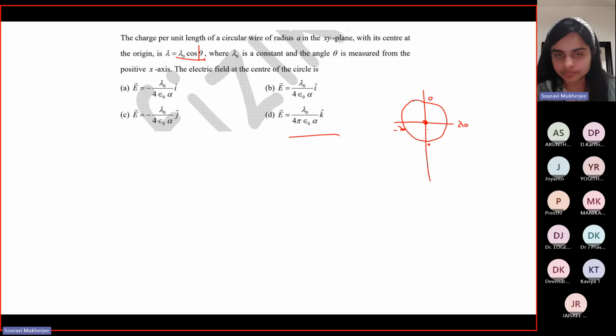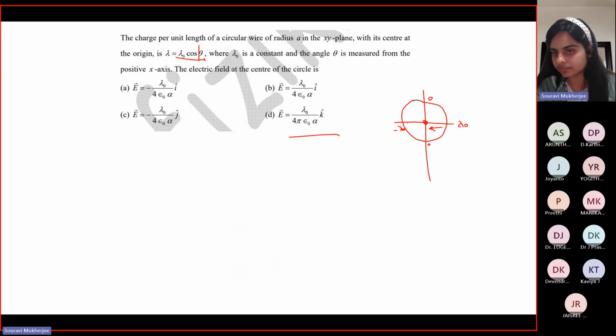Okay, so let me tell you. When you have a positive charge, you know that the field lines start from that charge, right? So at this point, the field lines will be directed in this direction. It will start from this charge and go. Because it's symmetric, in this part and this part, the y components will gradually get cancelled, right? Now, what will be the field for the charge element here?